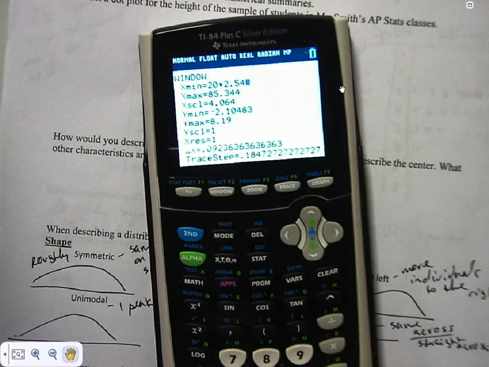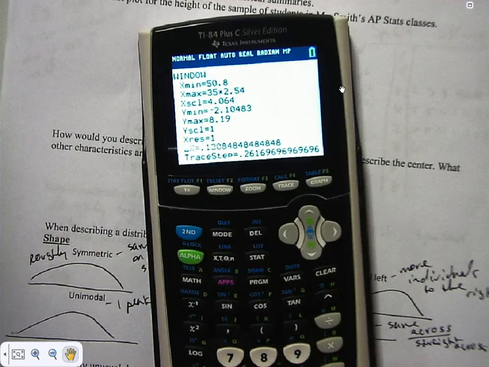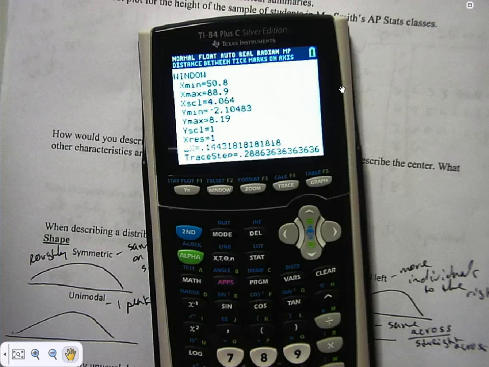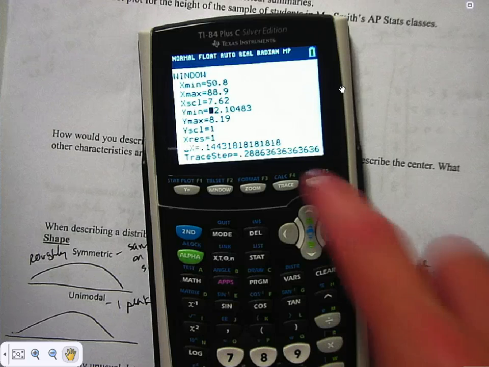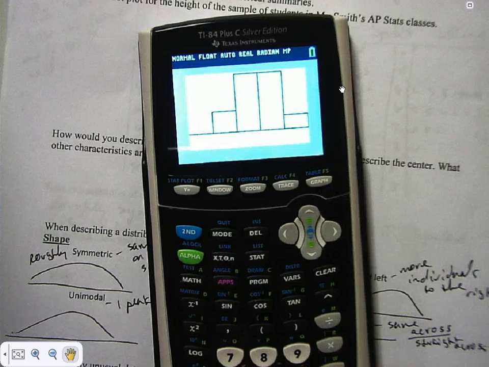I bet not. Oh yeah, it will. To, I'm pretty sure 35. And my scale was by threes, so I'm still going to take that 3 times 2.54, and yeah, I'm sure my scales are off. That was not very good at all.